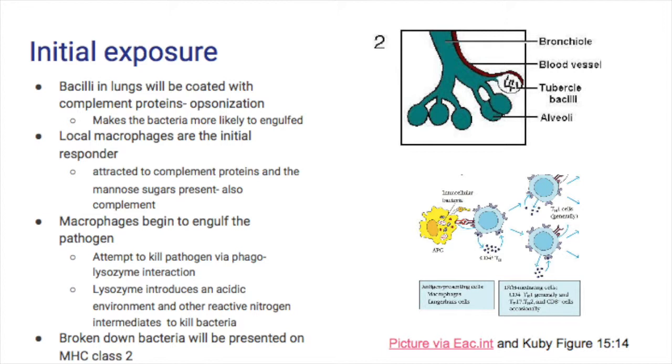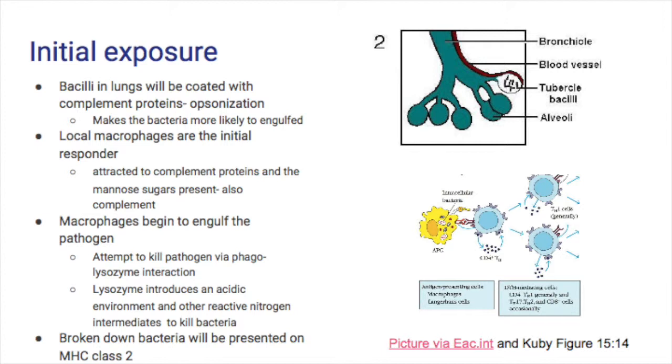Hopefully, if the bacteria is not able to evade this process, the macrophage will induce an acidic environment and reactive nitrogen intermediates by forming a phagolysosome. This happens by that vacuole fusing with a lysosome containing the bacteria, and that process will begin to kill the bacteria within the macrophage.